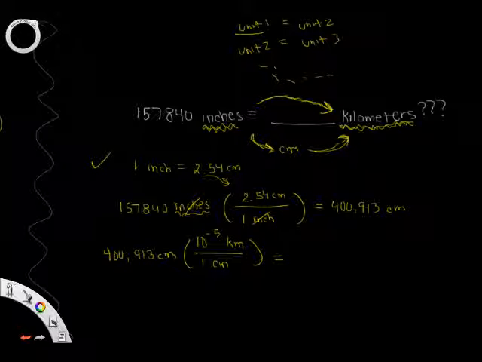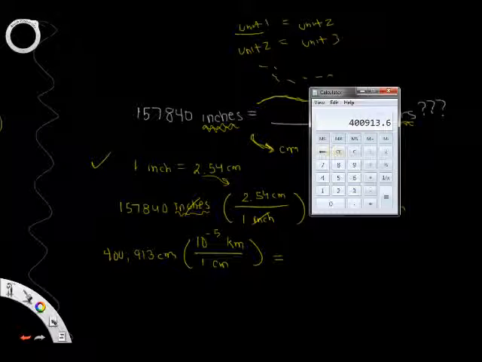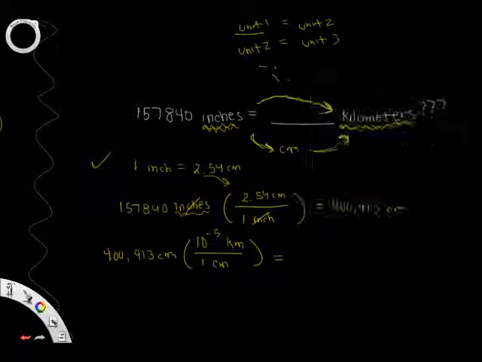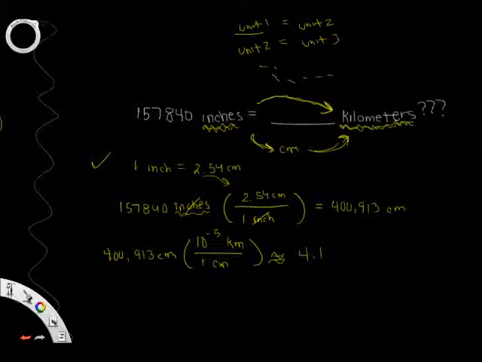So, unfortunately, the calculator here doesn't really allow us to input these values easily, and I don't want to mess with that. But the answer comes out to, to make it easier, 4.1 kilometers.